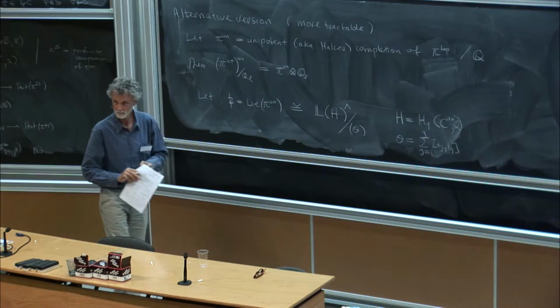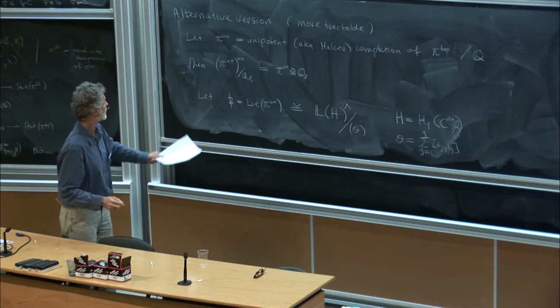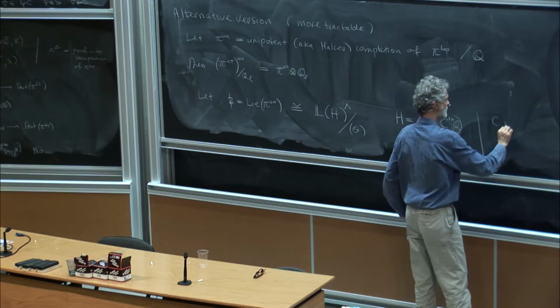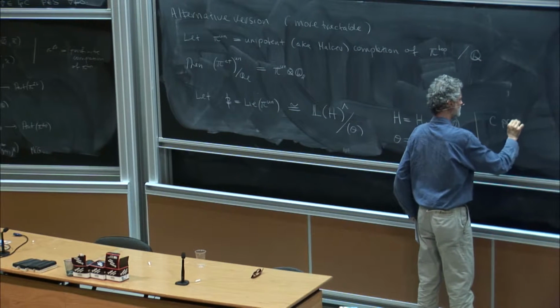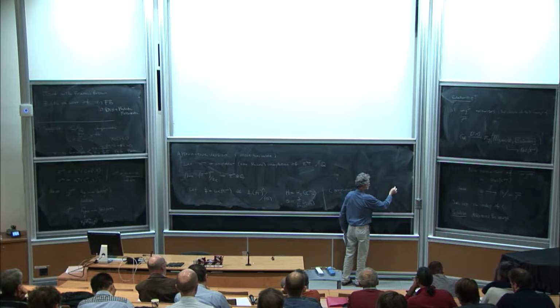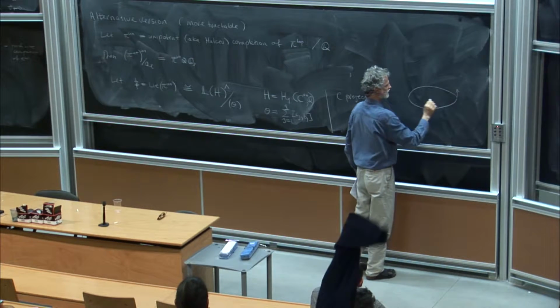Is there no terms involved by the filtration? Sorry. So here, C is projective. I'm going to concentrate on two cases. One case where I have one puncture and a non-zero tangent vector.